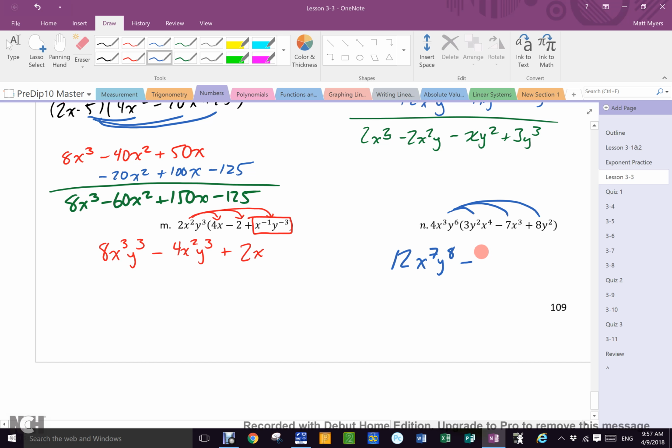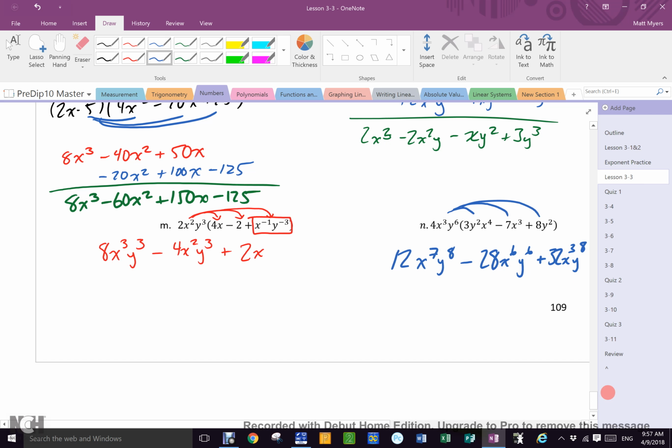What's the next one? 28x to the 6th, y to the 6th, plus 32x cubed, y to the 8th.